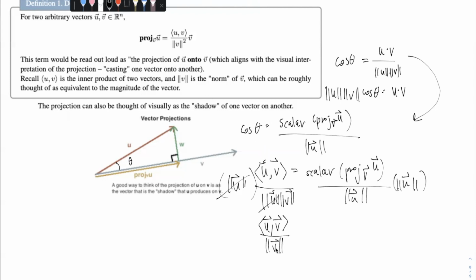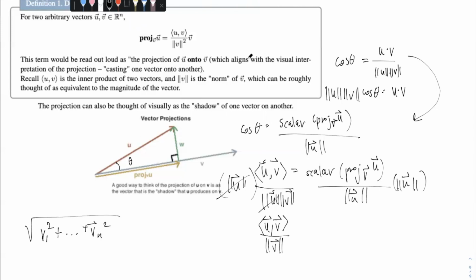And also keep in mind that the norm of a vector is basically the magnitude. So if you were to take the norm of vector V, it would essentially be V1 squared plus all the components of that vector squared, and then you take its square root.